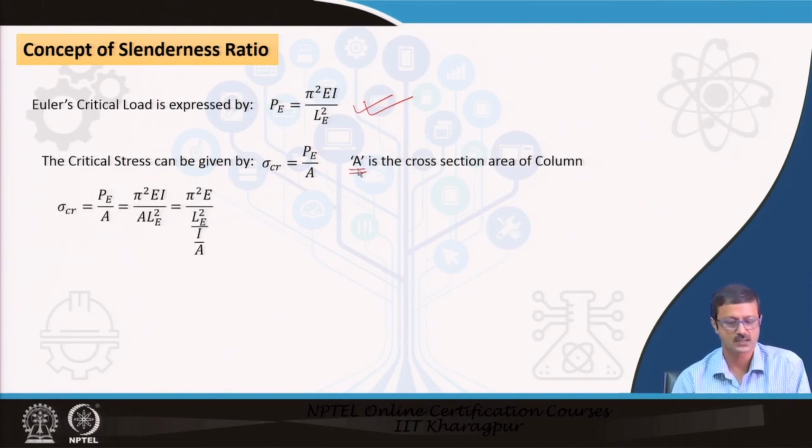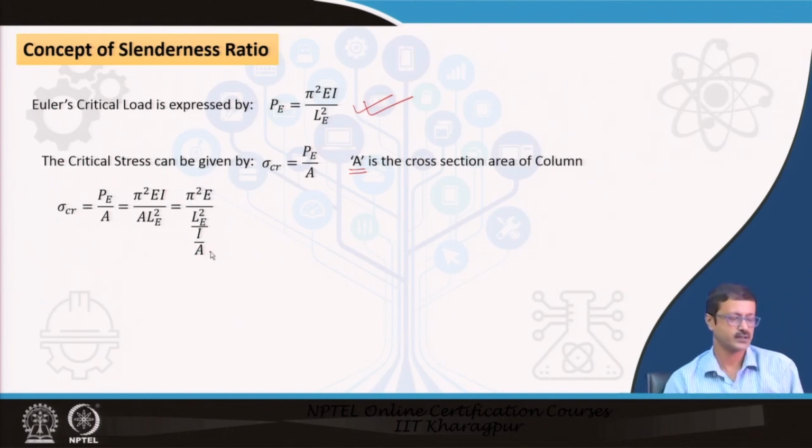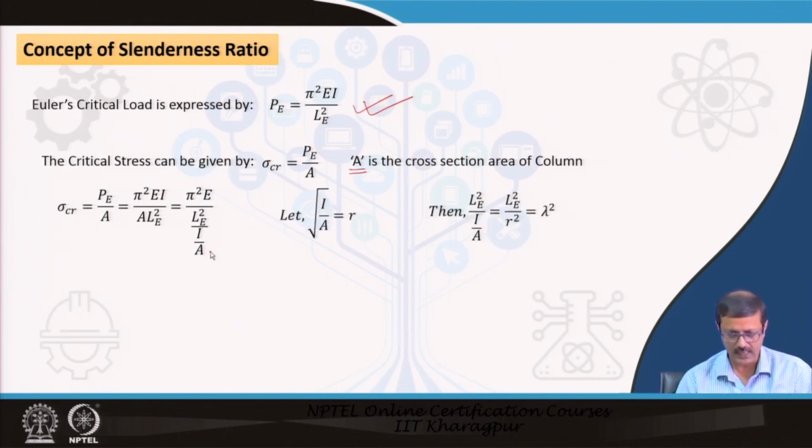Now, I put the value of P, that is pi square E I by L square, and I rewrite that as pi square E at the top and L square by I by A, moment of inertia by area. Then I am introducing another geometric property or parameter of the column or any kind of section, that is the under root of I by A, the under root of the moment of inertia by the area of the section, which is called the radius of gyration r.